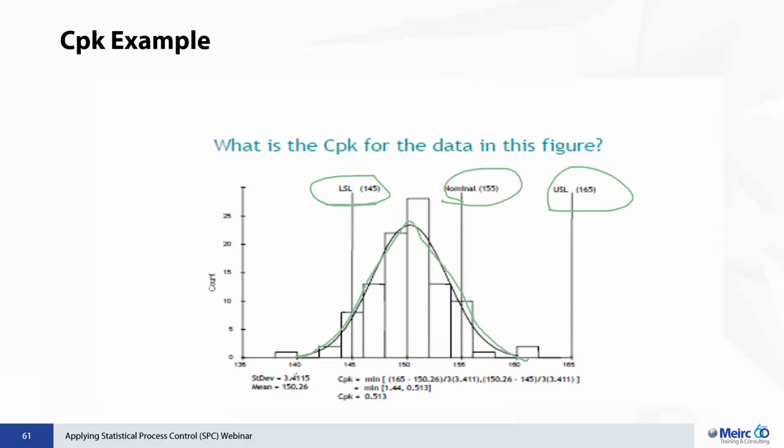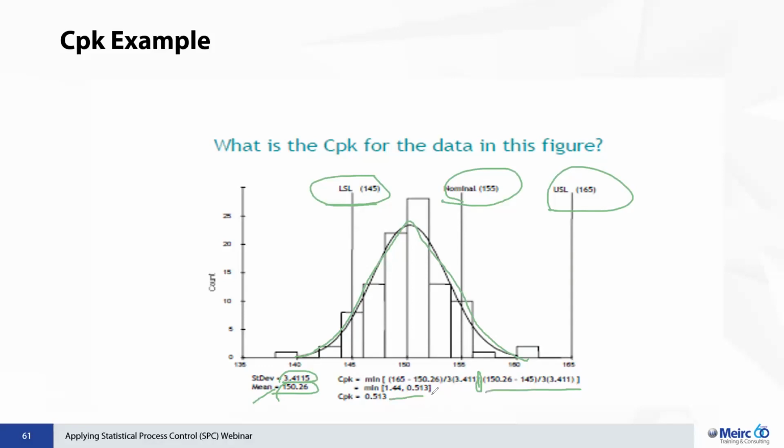And the standard deviation, because we have already the data, is 3.44, and the mean, or the X bar, is 150.26. So if you want to apply the previous formula, you just take the minimum of 165, which is the upper specification limit, minus the mean, which is the average, divided by 3 times the standard deviation, comma, there's my comma here, and then the second part of it.